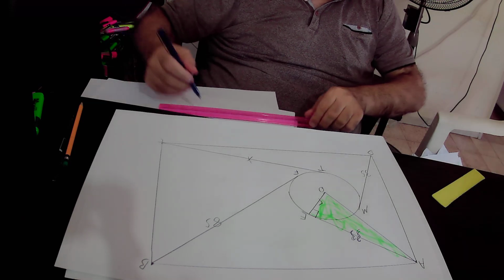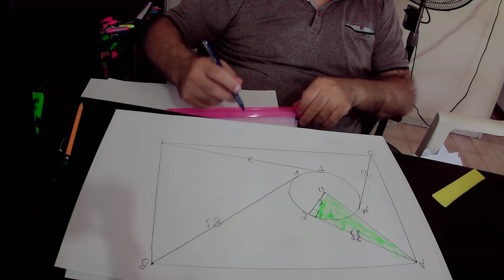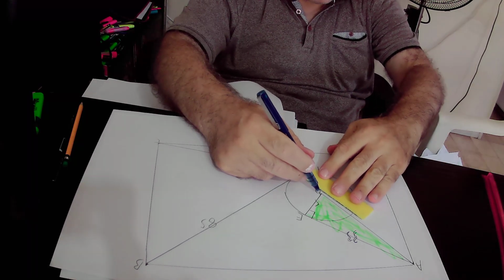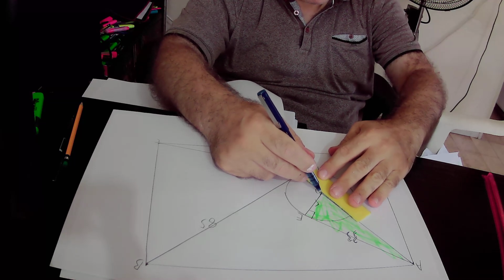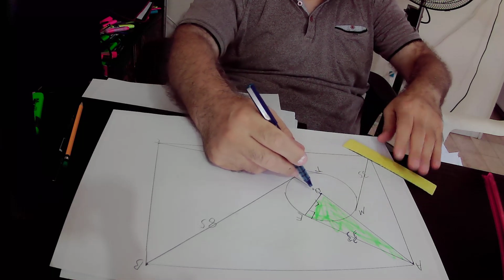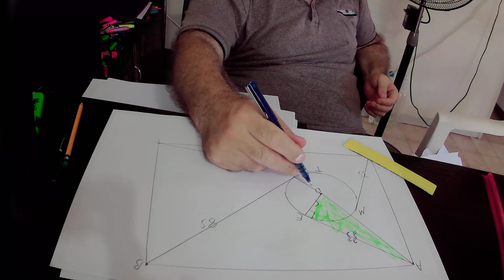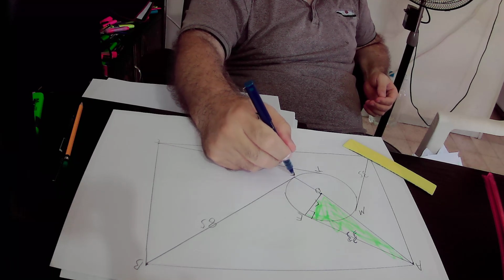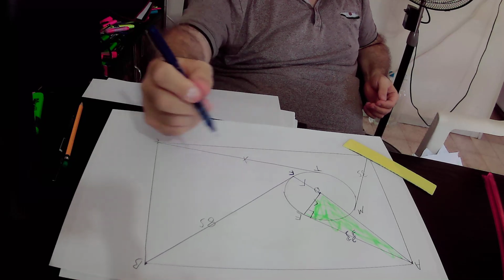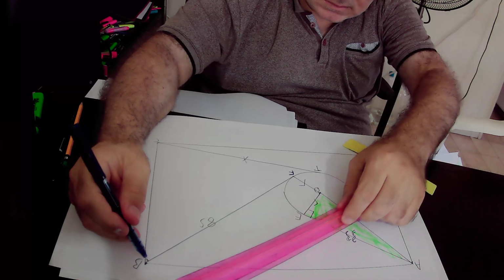In the next step, we will join points O and F together by a straight line. Point O is the center of the circle, point F is the point on the circle itself. Therefore, OF is the radius of the circle that is equal to R. We join points B and O together by a straight line.